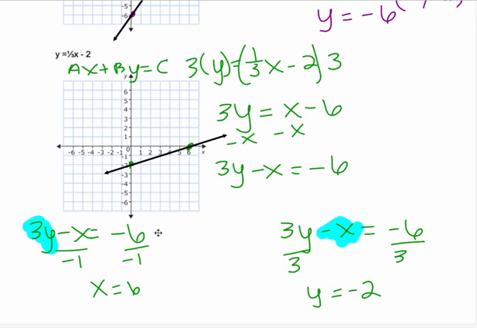So we want to be in standard form in order to more easily graph it using the intercepts, okay? You could have plugged in a 0 for this x to find the y-intercept and a 0 for y to find the x-intercept, but I want you to see how to put this into standard form and then just use your cover-up method to find the 2 intercepts, okay?